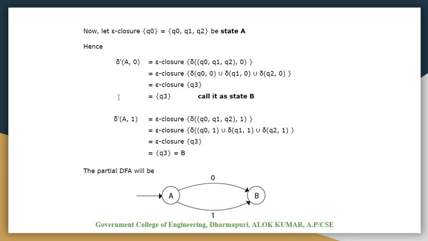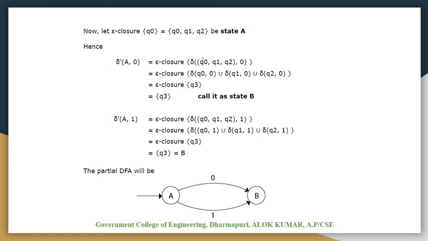So after that we will find the transitions for the NFA, like how we will do delta transition of A. This state we are calling A, and this is the subset construction rule. So for A we have Q0, Q1, Q2, and using 0 we find the epsilon closure.